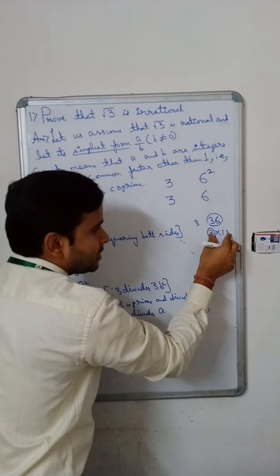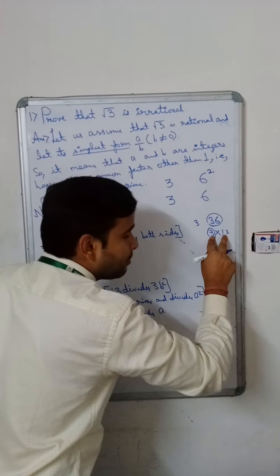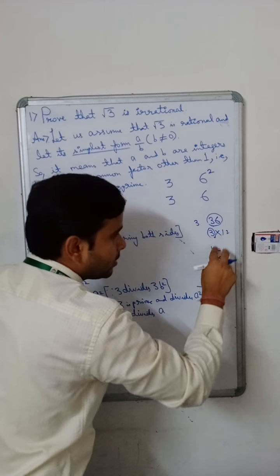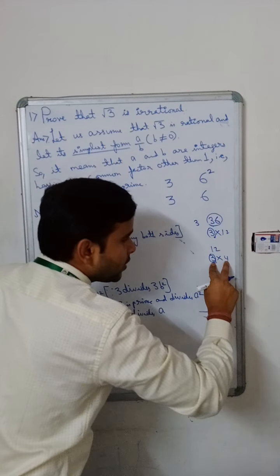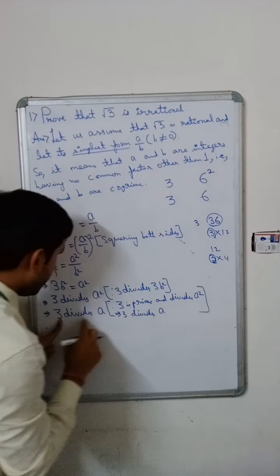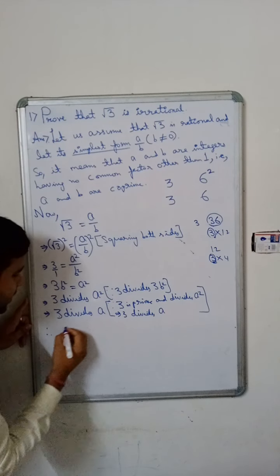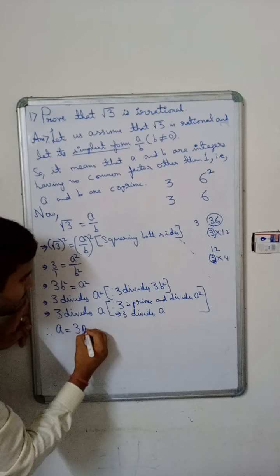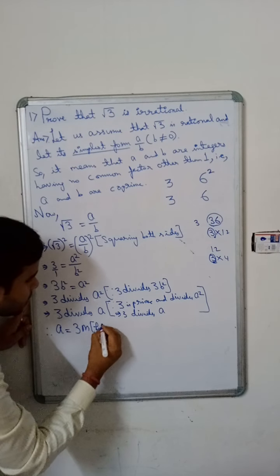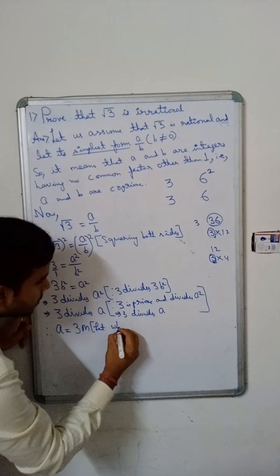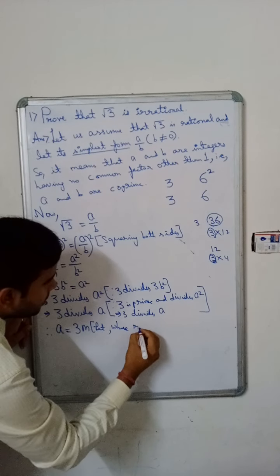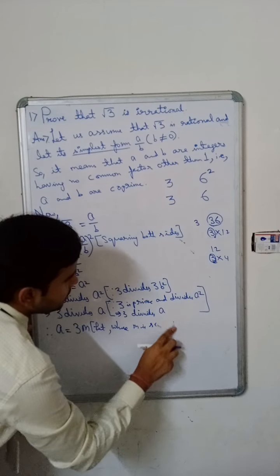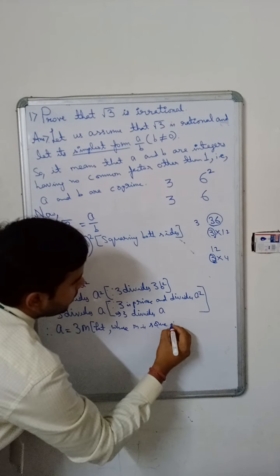It can be factorized into the form 3 into some integer. Here in this case the integer we are talking about is 4. So if 3 divides a, it means that a can be expressed in the form 3 into some integer. Let a equal 3m, where m is some integer.